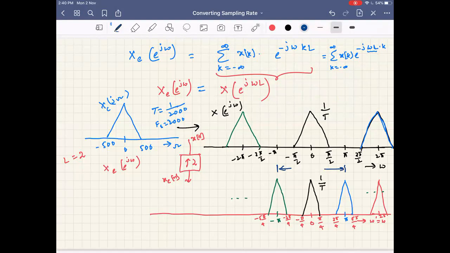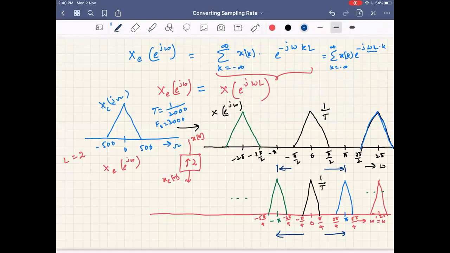In this range, you can see that there are some additional spectrums, because of the repetitions of X of e power j omega at 2 pi and minus 2 pi, you have additional frequency components introduced in Xe of e power j omega, right? Here also minus pi to pi indicates this region of the spectrum that repeats from minus infinity to infinity.